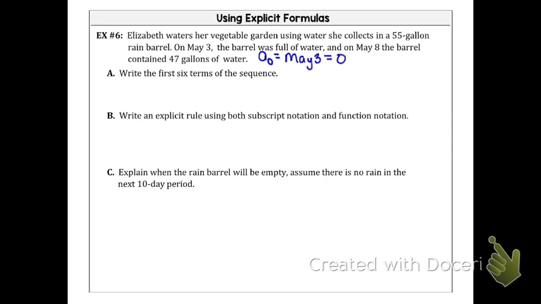It said the barrel was full on May the 3rd, so it had 55 gallons. On May the 8th, which is 5 days later, it said she had 47 gallons of water.